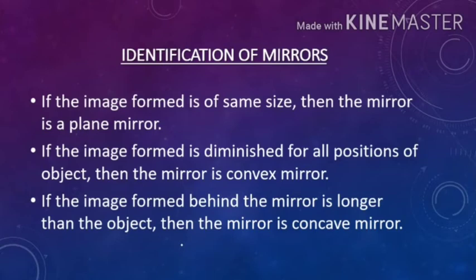That is the last case of the concave mirror we have studied earlier, where the image forms behind the mirror and is a little larger than the object. So these 3 points need to be remembered to identify the mirrors.